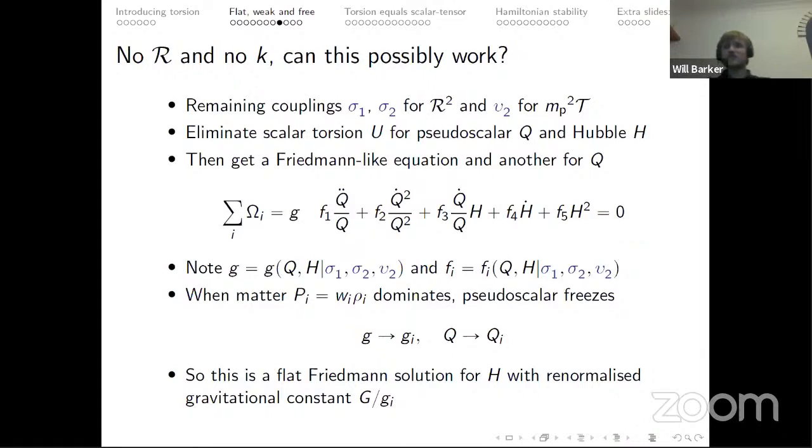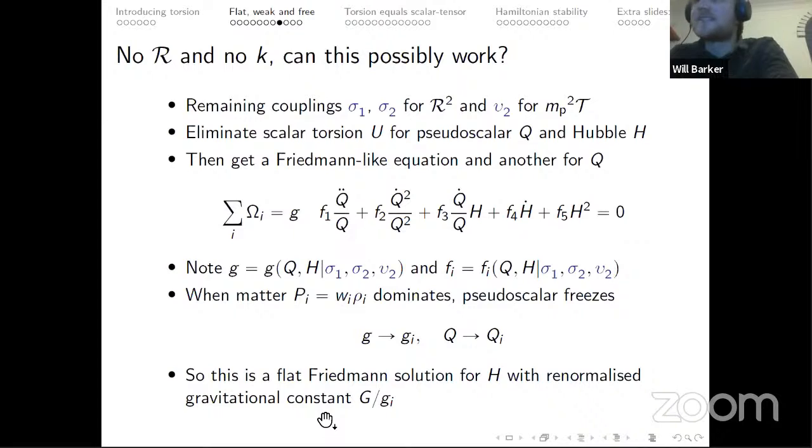It turns out that the cosmological equations of motion reduce to a Friedmann-like equation, which is the sum of the cosmological densities, these omegas, is equal to some function g of both the Hubble number and the torsion. And then you get another equation in the torsion and the Hubble number.